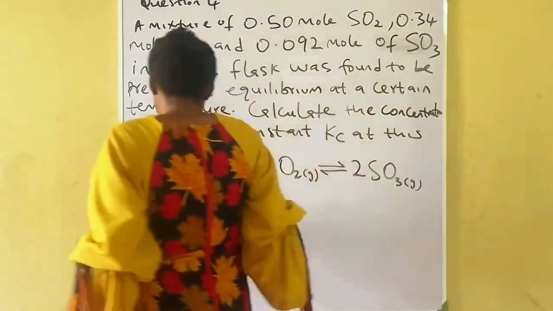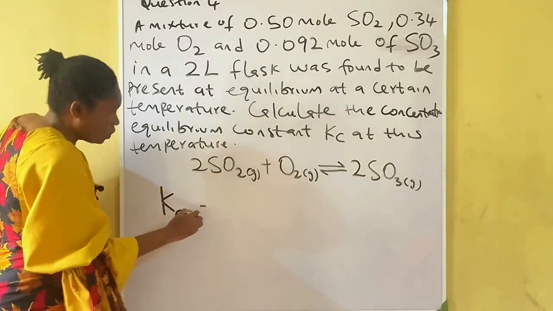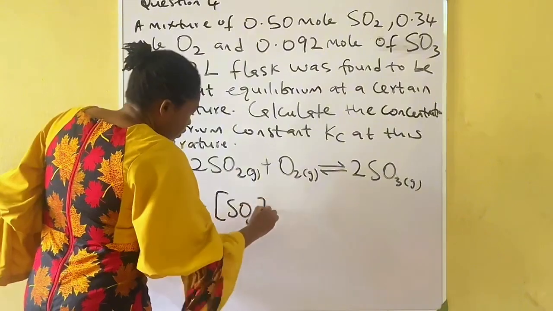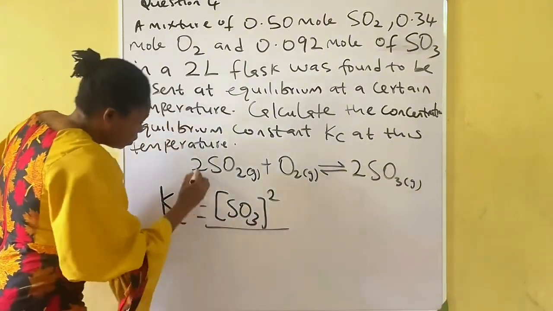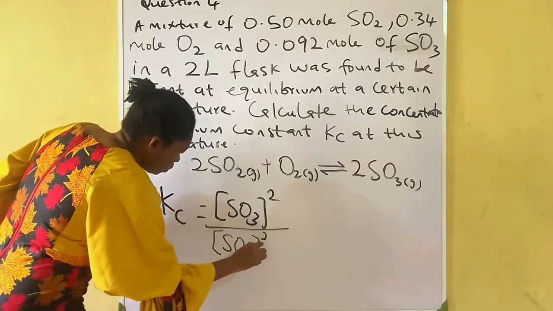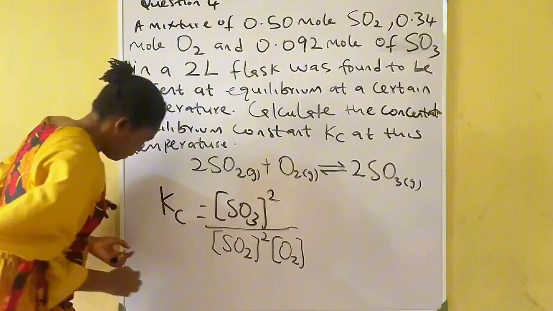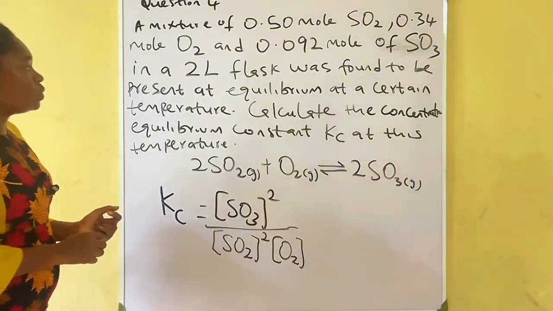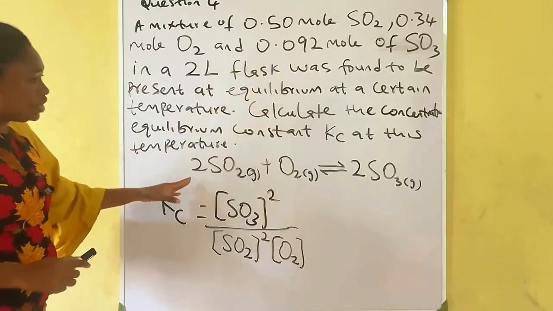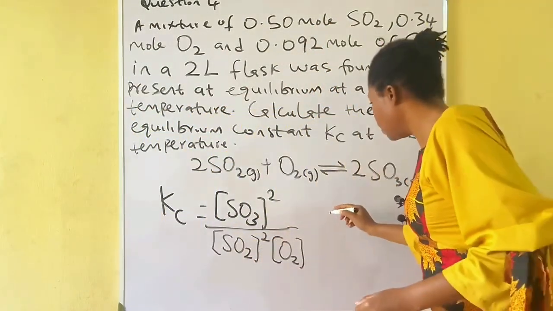All right. So let's have the equilibrium expression. So Kc is equals to SO3, the product, raised to power 2, over SO2 raised to power 2 times concentration of oxygen raised to power 1. So the next thing I'm going to do is to get the molar concentration of each of the reactant and product. So let's start with SO2.